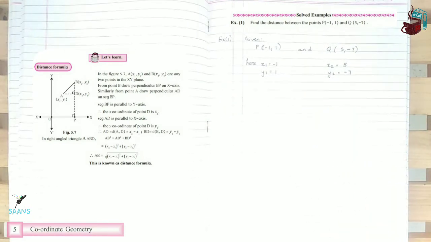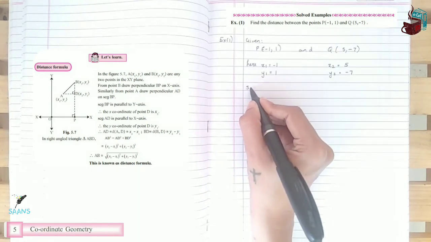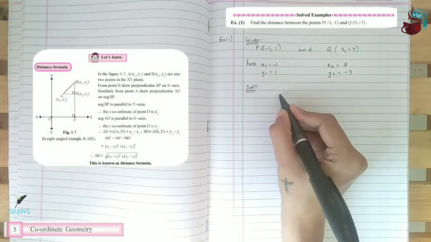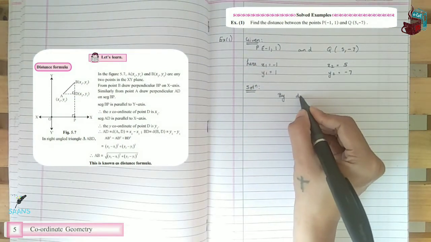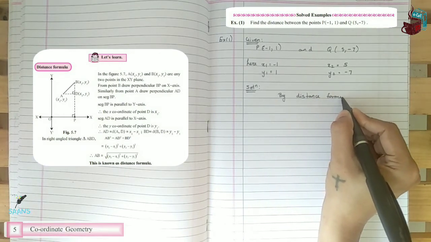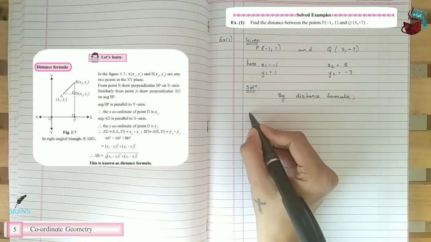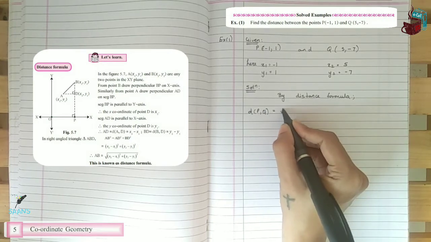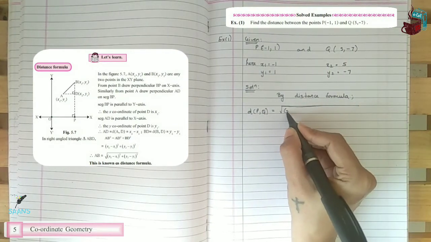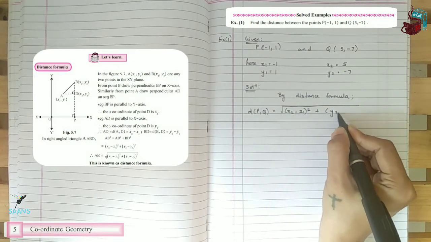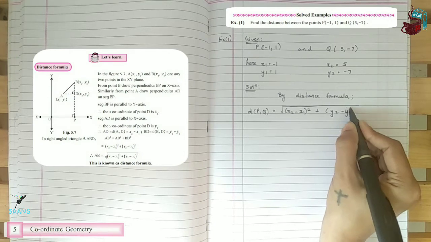Okay, now to find the distance between PQ, directly apply. So you can say solution, by distance formula. Distance PQ is equal to under root (x2 minus x1) the whole square plus (y2 minus y1) the whole square.